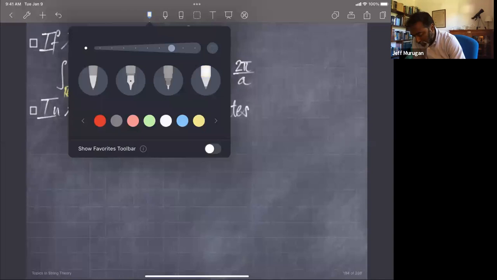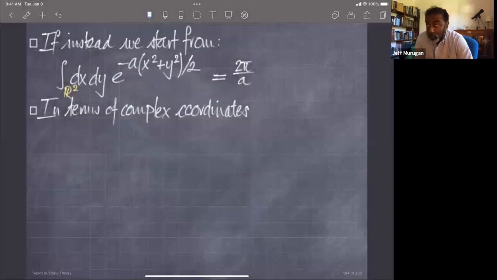Now I want to change coordinatization on R2 from x and y coordinates to complex coordinates z and z bar.